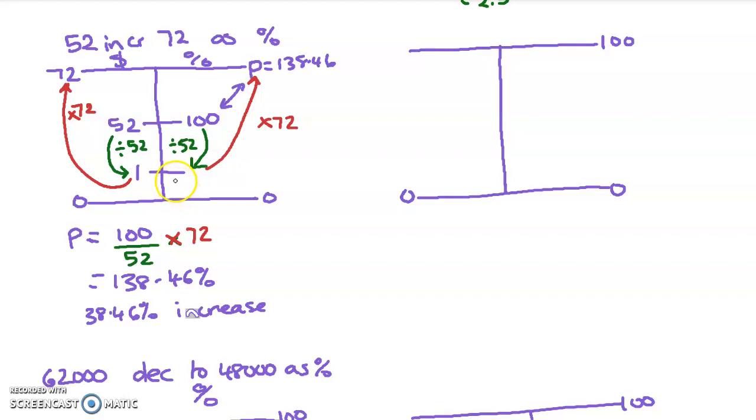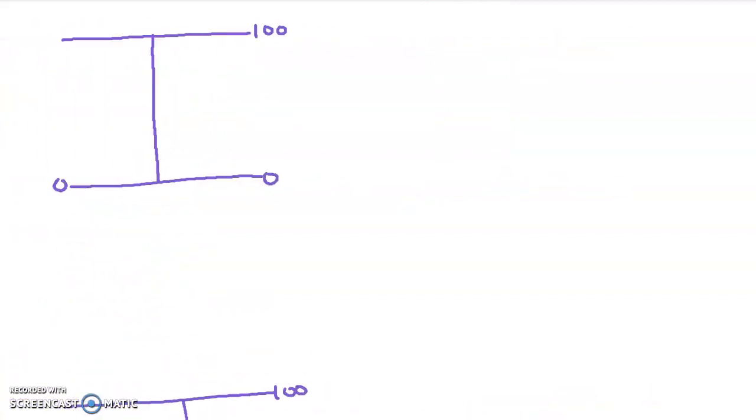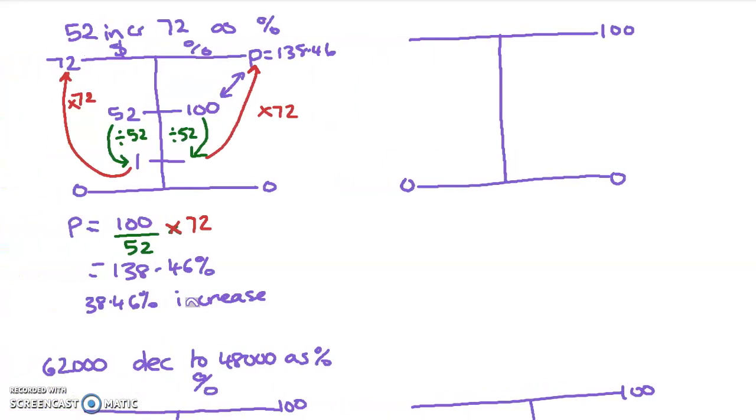That's multiplicative thinking. If you're an additive thinker, let me scooch back here, you would say I've got $52 and I'm going to increase it by $20. What is that as a percentage? Right, so it's a different way of thinking, and it doesn't matter which way you think because you get the same answer, but you just have to decide which way you think.